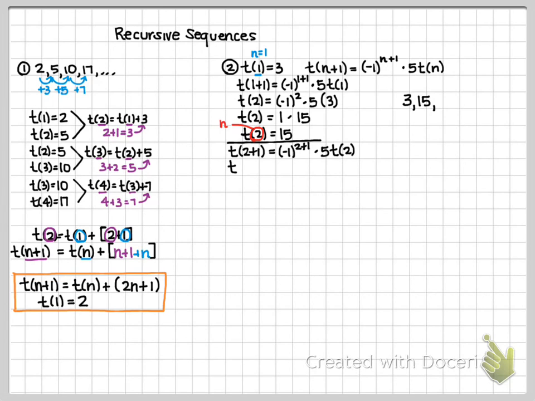All right, so t of 3 is going to be negative 1 cubed times 5 t of 2, and t of 2 is 15. Negative 1 cubed is going to give me negative 1, and 15 times 5 is going to give me 75. So it looks like t of 3 is going to equal negative 75, which I can now add to my list. And 3 terms is enough to set the precedent for a sequence.